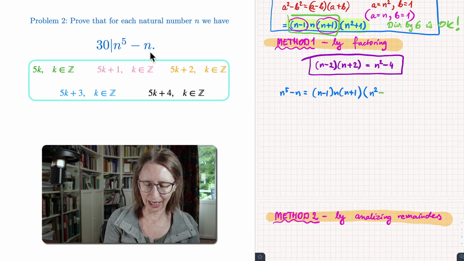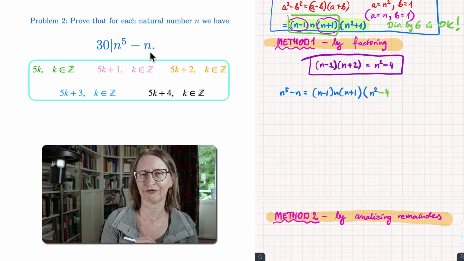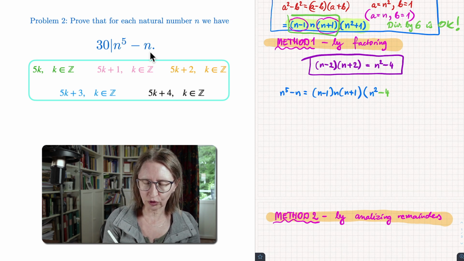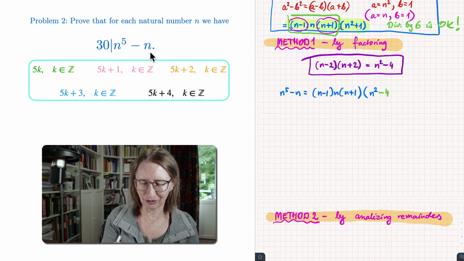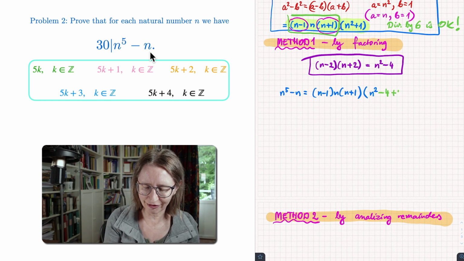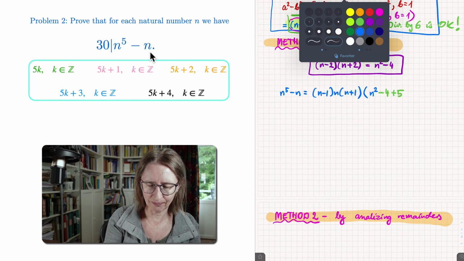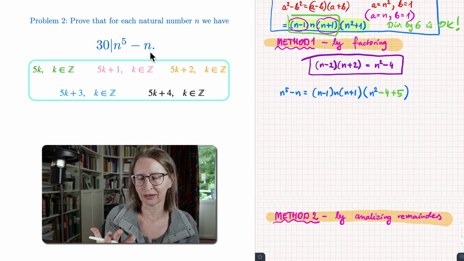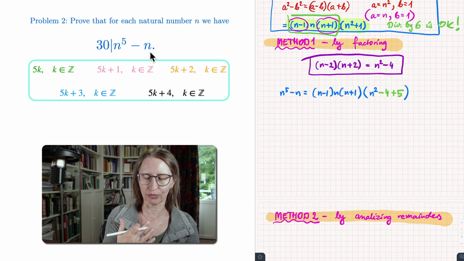Now I write minus 4 because I want to have minus 4, but I don't have it. I have n squared plus 1. So in order to make it right, I have to add 5. You see? In this way, I subtracted 4 and added 5, so I actually just added 1. So it is really my number.